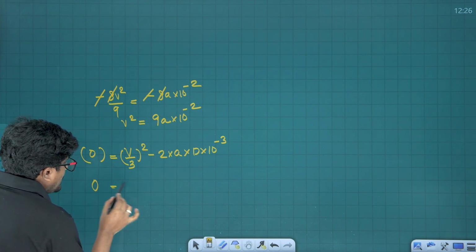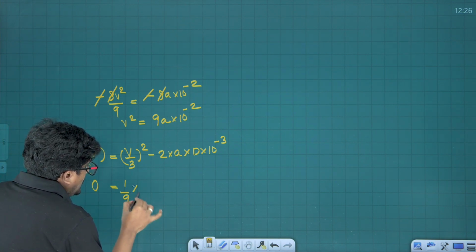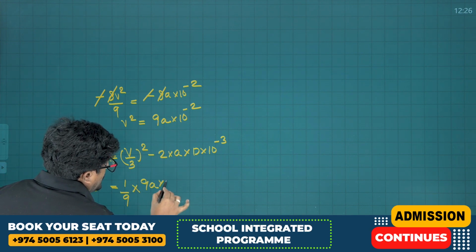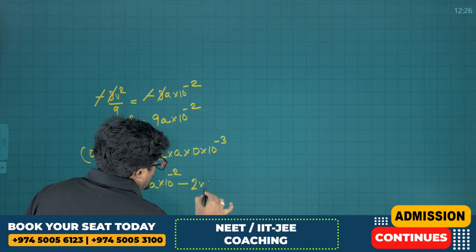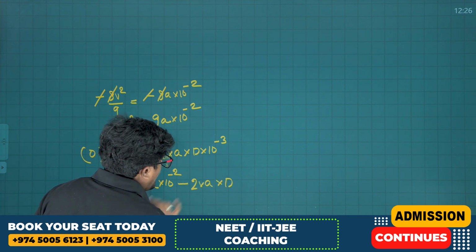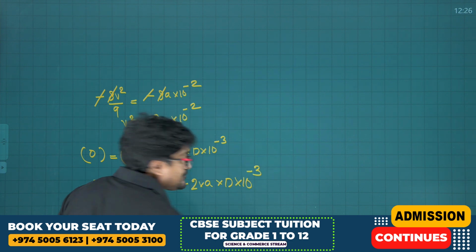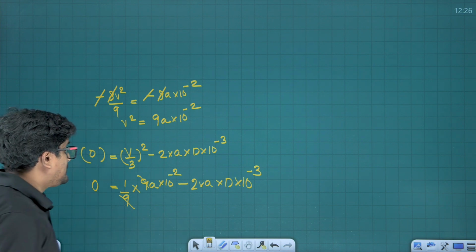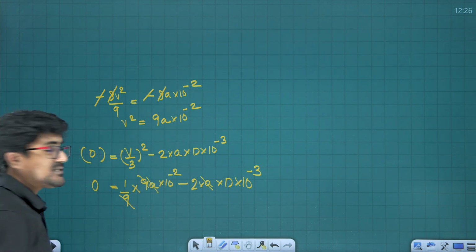Here it is 0, that is equal to 1 upon 9 into V square, where V square is 9A into 10 to the power minus 2, minus 2 into A into capital D into 10 to the power minus 3. Alright. Now this one and this one will cancel. Small letter A is also common, that will get cancelled.